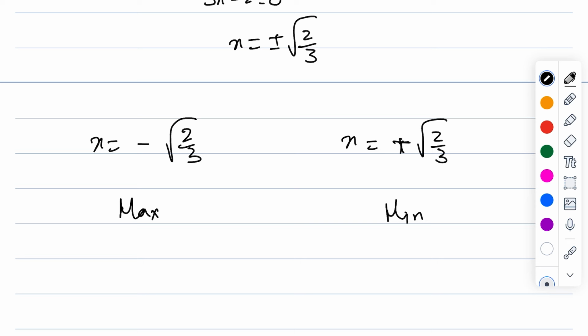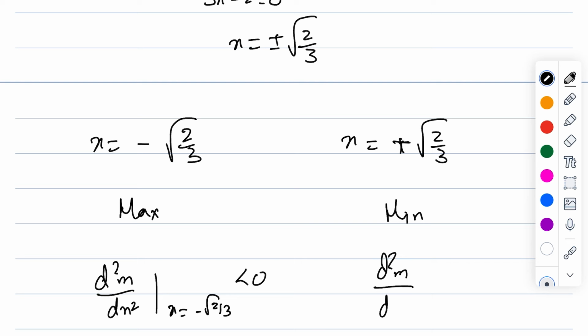Now for that, what am I going to do? I am going to find the second derivative and plug in x equals negative root 2 upon 3, and I am going to get a negative answer. Therefore it is maximum. Find the second derivative and substitute x equals positive square root 2 upon 3, you get a positive answer. Therefore it is minimum.